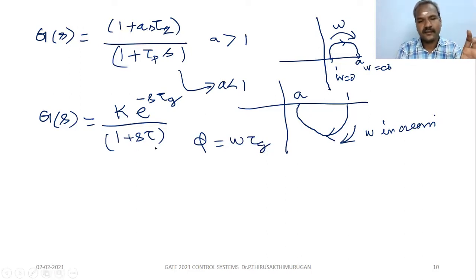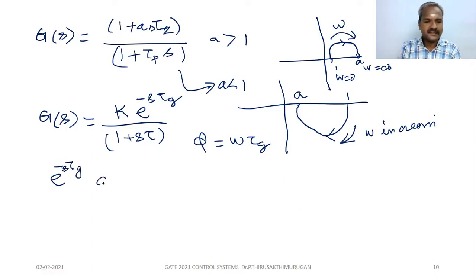So what is the polar plot for this transportation lag system? The transportation lag is e to the power minus s tau g.